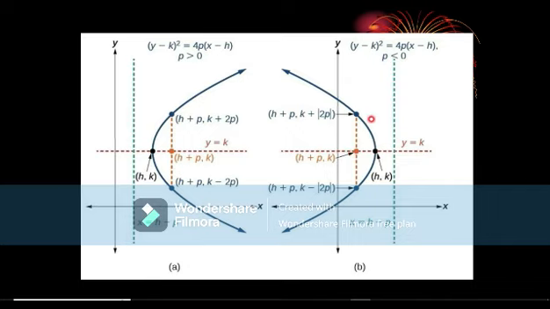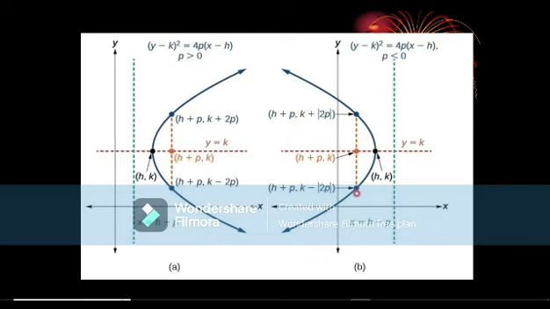This one is the same if it opens to the left: you have the vertex, the focus, and the endpoints of the focal diameter. This will become (h + p, k + |2p|), and here (h + p, k − |2p|), the absolute value of 2p.